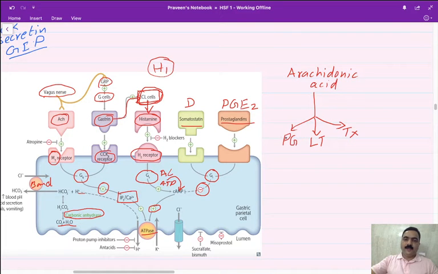So the major thing that we are looking at over here is our prostaglandin. In order to produce this prostaglandin, what is the rate limiting enzyme that is causing the conversion of arachidonic acid into prostaglandins? The cyclooxygenase enzyme, the COX enzyme. So this cyclooxygenase enzyme is causing the prostaglandin to be produced. And what is the role of all these?